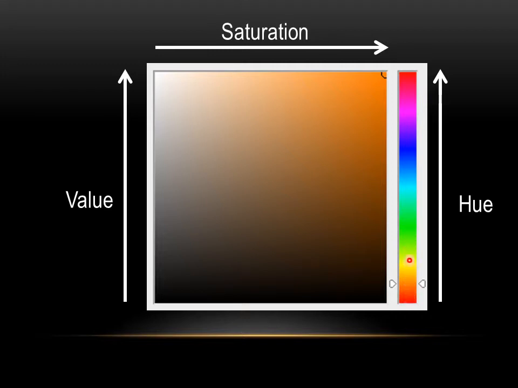This is which color it is. This is how much color as opposed to no color, and this is how bright it is. Light and dark. Hue, saturation, value. I wanted to get that review because we're going to talk about this. This is fun. Understanding this one is fundamental to understanding color design.